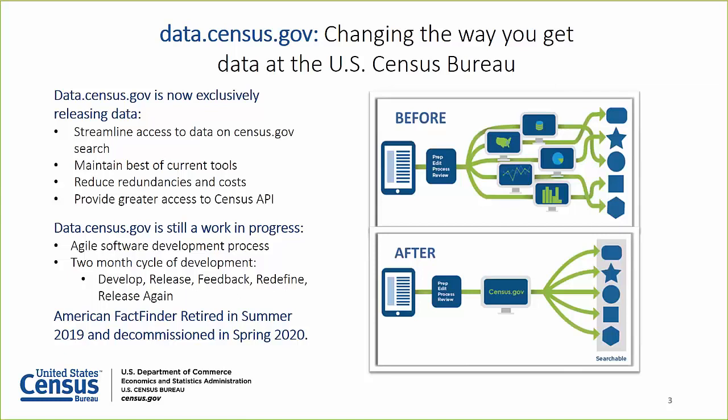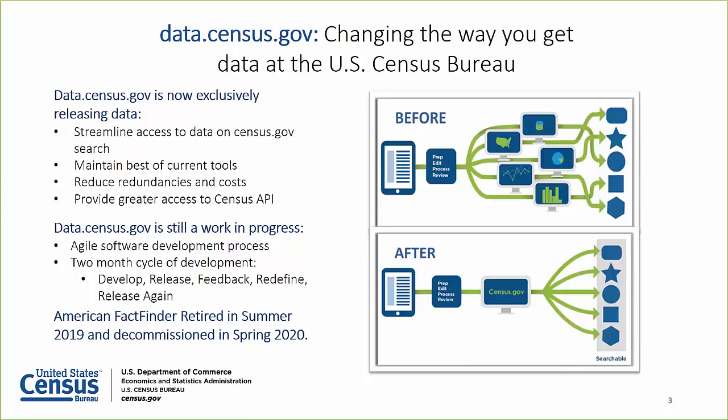So as data.census.gov is improving, we're getting closer and closer to decommissioning American Fact Finder. We ended the new data releases this past summer on that site and are slated for completely turning the site off in spring 2020.